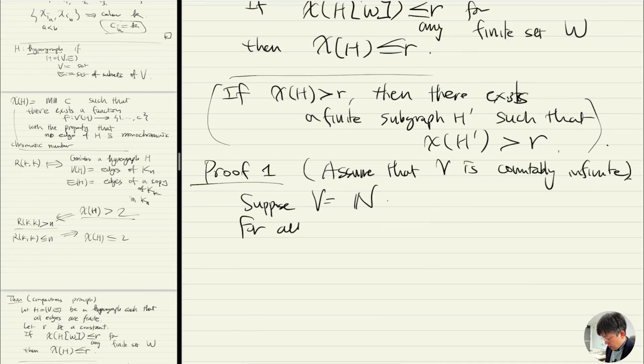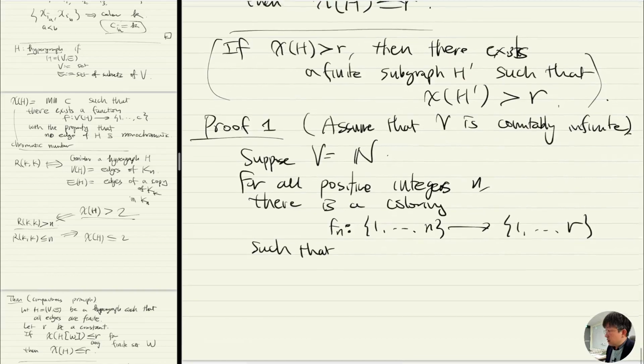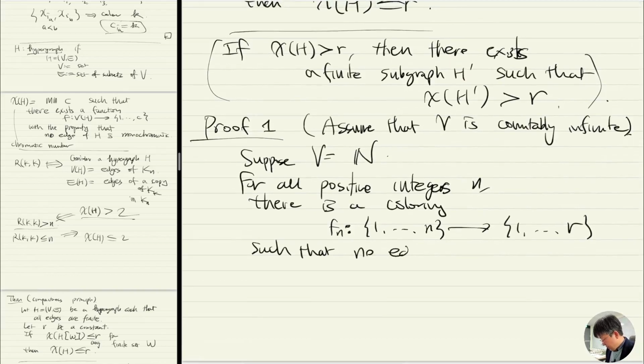So for all positive integers n, there is a coloring f_n from {1 up to n} to {1 up to r} such that no edge of H induced on {1 up to n} is monochromatic.